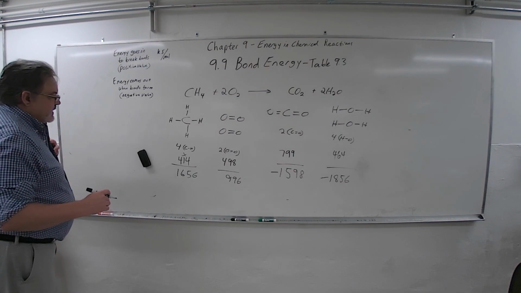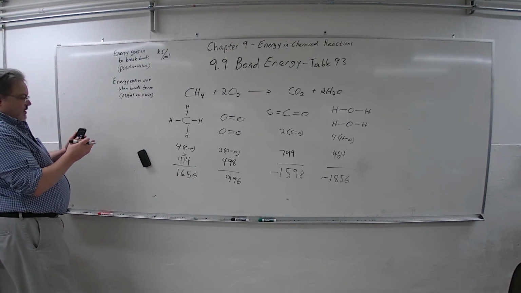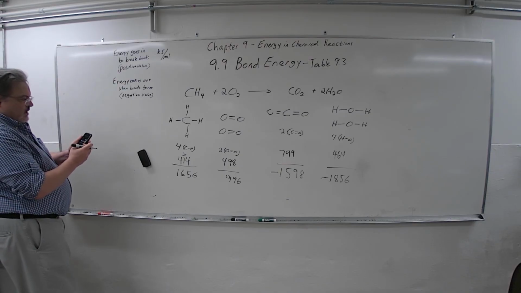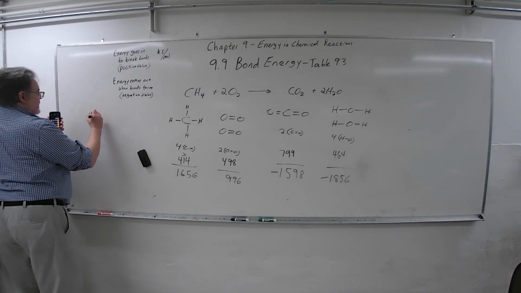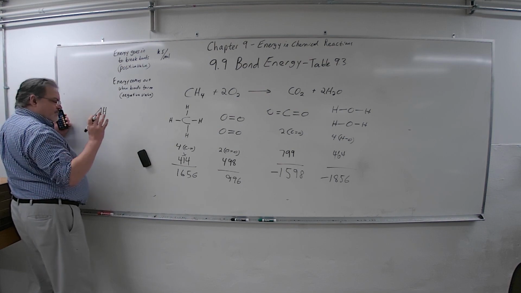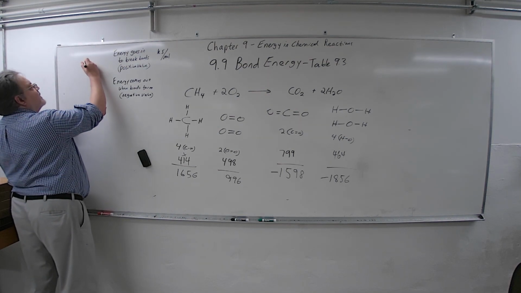So from there, we're going to add these 2 together. 6 plus 996. I'll say H is just the letter we use for this thing called enthalpy.